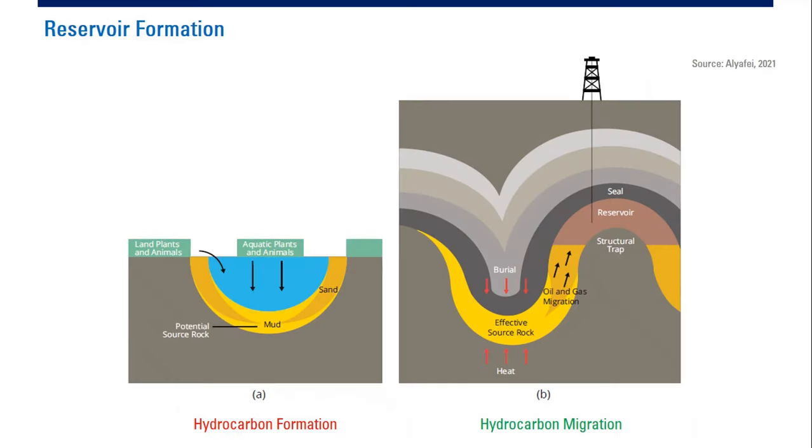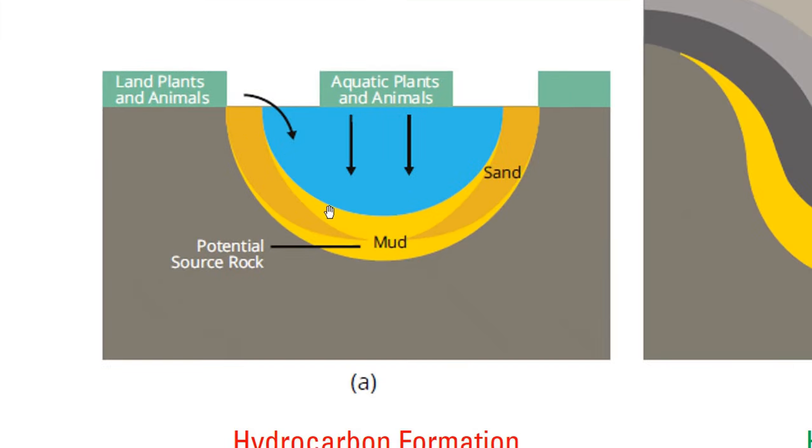Okay, and yeah, before the hydrocarbon was formed, this slide is about reservoir formation. How the reservoir forms, bagaimana reservoir terbentuk. So previously we have something like mangkuk seperti ini maybe, with mud, with sand, and land plants and animals that accumulated in this zone. Okay, and accumulated across time.